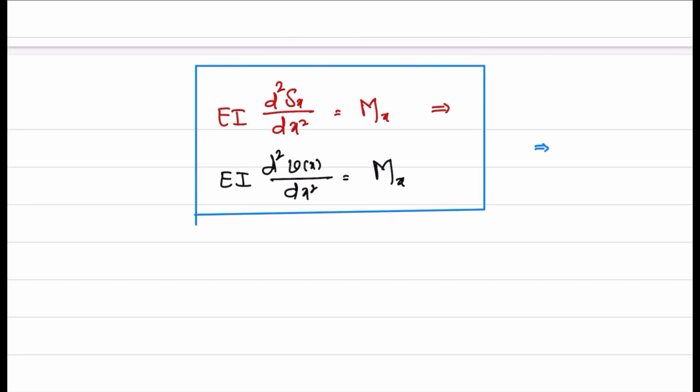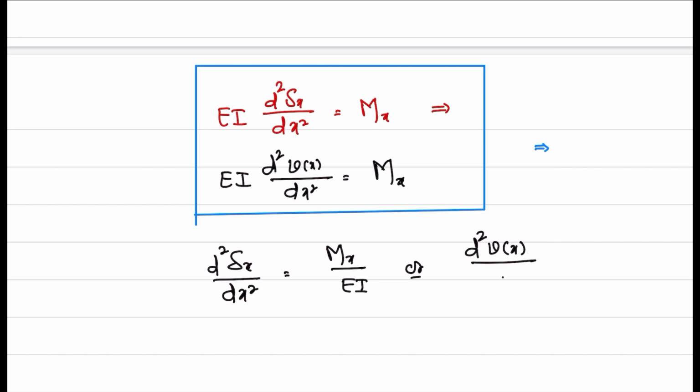Now, from the above equations, we can write d square delta x by dx square is equal to Mx by EI, or d square Vx by dx square is equal to Mx by EI.